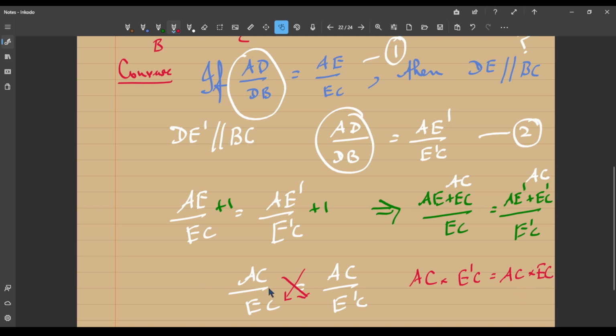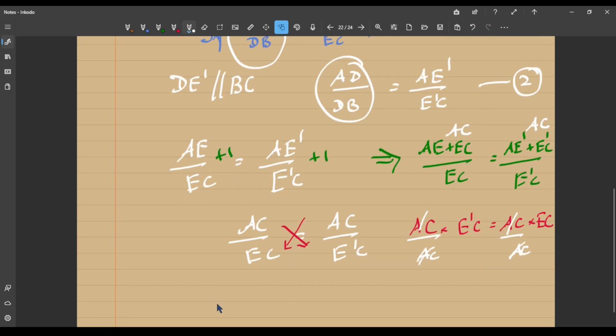Of course we are talking about the lengths of the sides when we write AC, EC, etc. So you divide the result by AC on both sides, they get cancelled, and you would be able to say that E dash C is equal to EC.